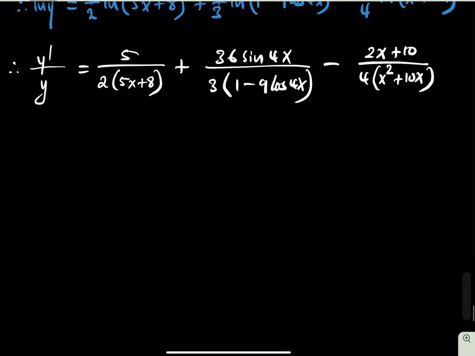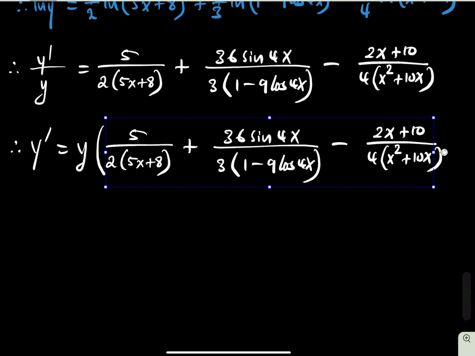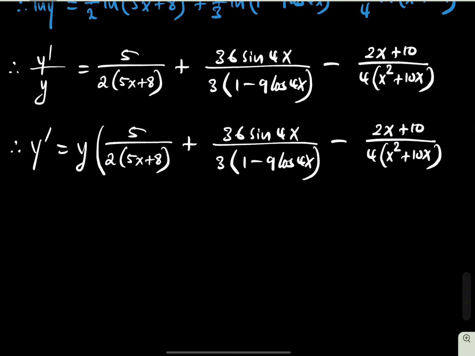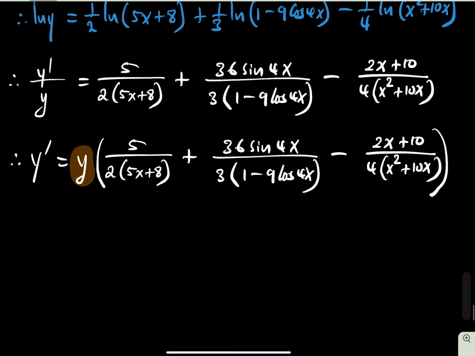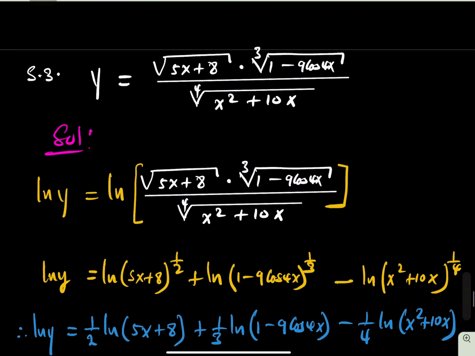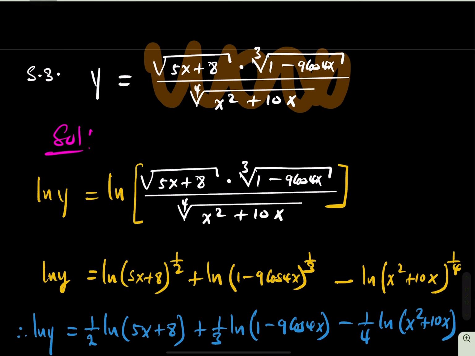So you are looking for y prime. You're going to multiply this whole stuff by y. So y prime becomes y into this whole thing. But check something. What is your y? Your y was given just right here. So you need to substitute your y back with this particular answer here.